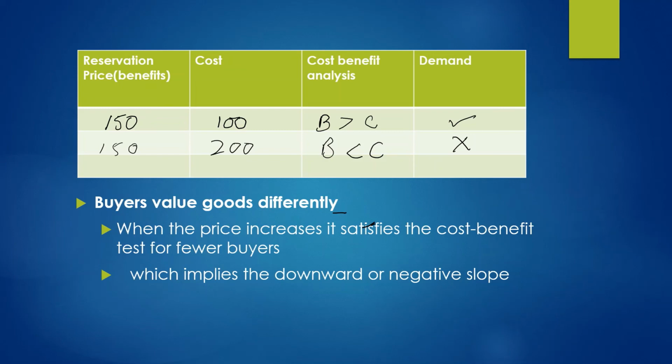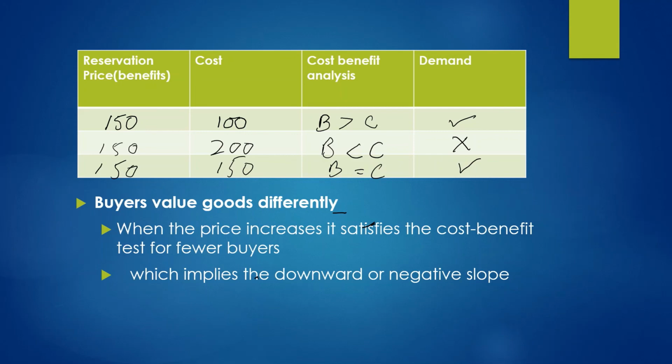On the other hand, let us say your reservation price is 150 and the cost is also 150. So in that case, both benefits and cost become equal. So your reservation price is equal to the cost of the good. So you will again demand that mobile. Is it clear?